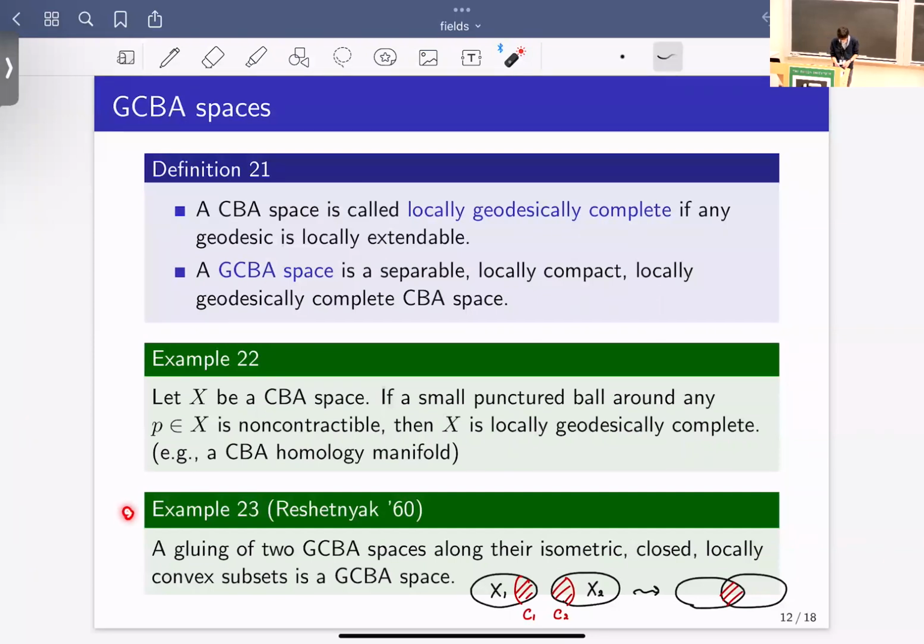The next example is called Reshetnyak's gluing theorem, which says that if you have two GCBA spaces, X1 and X2, and if there exist isometric closed locally convex subsets C1 and C2, then you can glue X1 and X2 along C1 equals C2 to obtain a new GCBA space. In particular, the convex subset will become a singular set in the glued space.